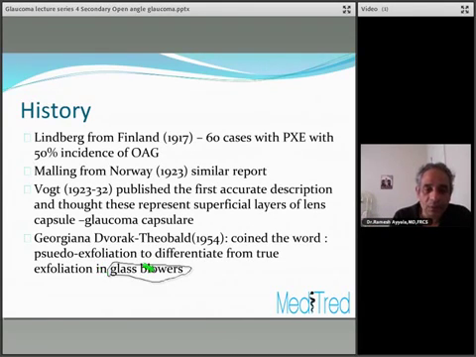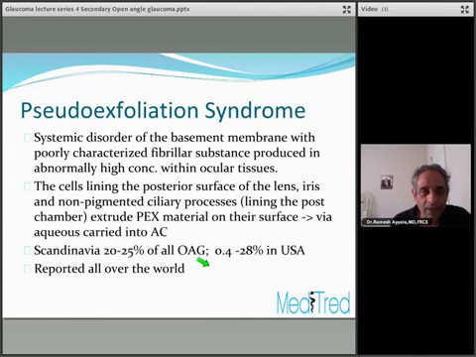Because most of it is mechanized now, you don't see this disorder anymore. And so Thibault coined the word pseudo-exfoliation to differentiate this from true exfoliation in glass blowers. Okay, so the name pseudo-exfoliation syndrome stuck ever since then.